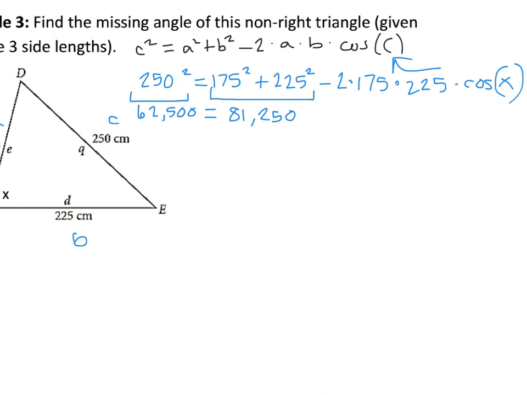And then we need to do 2 times 175 times 225. We're going to subtract this, which is 78,750. And that's times the cosine of x. Now we just balance and solve. Draw your line down, subtract 81,250 from both sides.